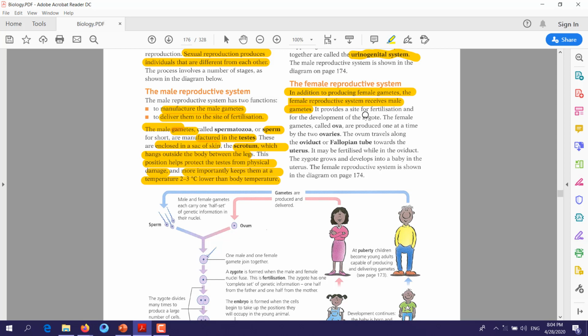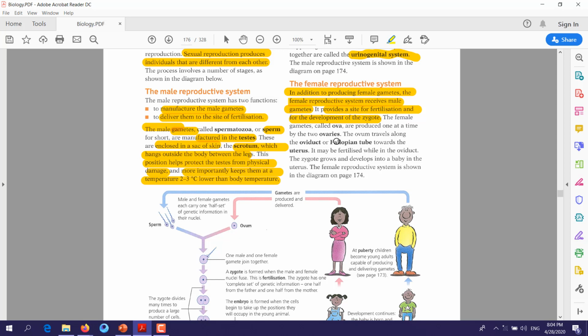The second function is to receive the male gametes. When it receives the male gamete, this system provides a site for fertilization and for the development of the zygote. What's fertilization? Again, it's the fusion of male and female gametes.